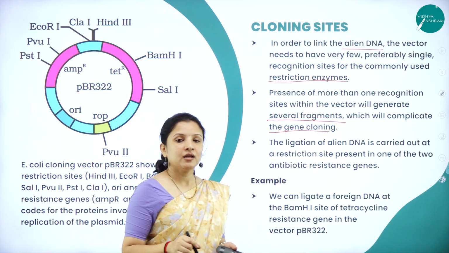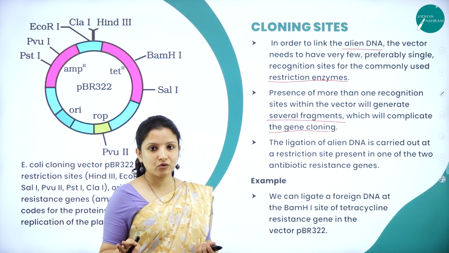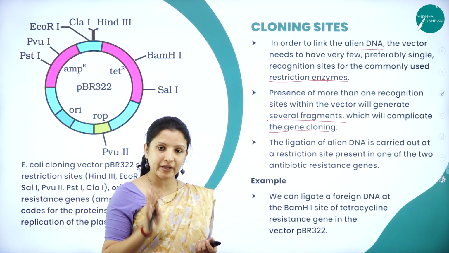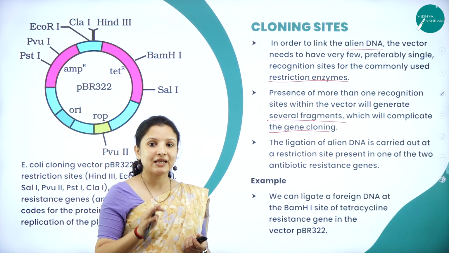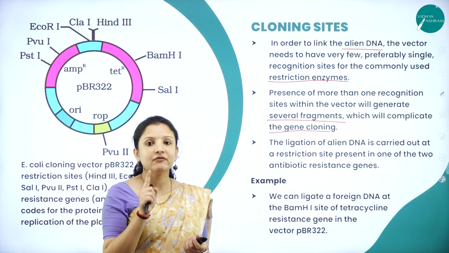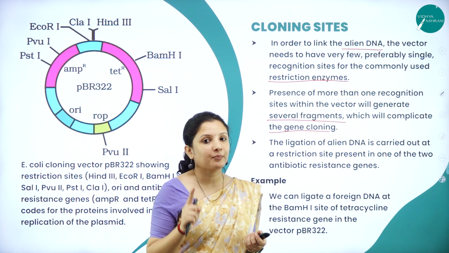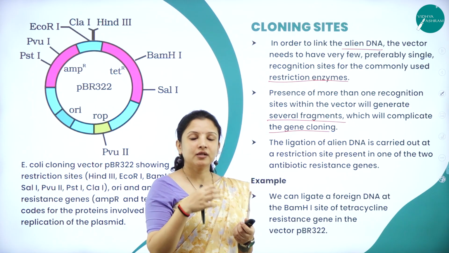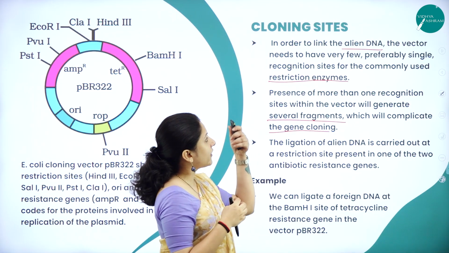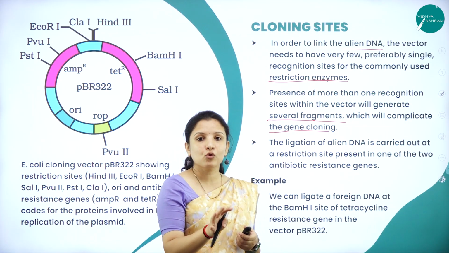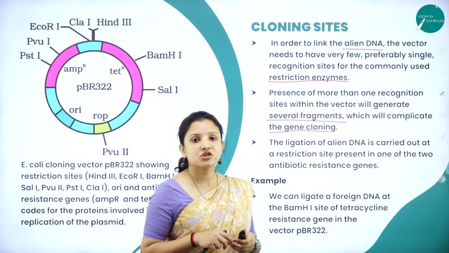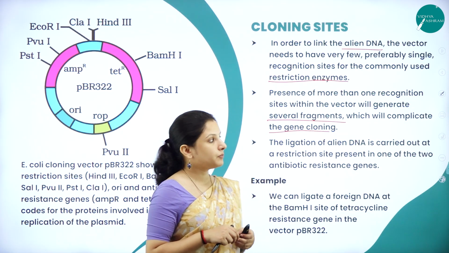So that is why instead of having more cloning sites, it is always better to choose a bacterial vector that is having only one cloning site, and that too, that cloning site should be capable of allowing the restriction enzyme to go and bind there. That is the restriction endonuclease enzyme to go and bind there.